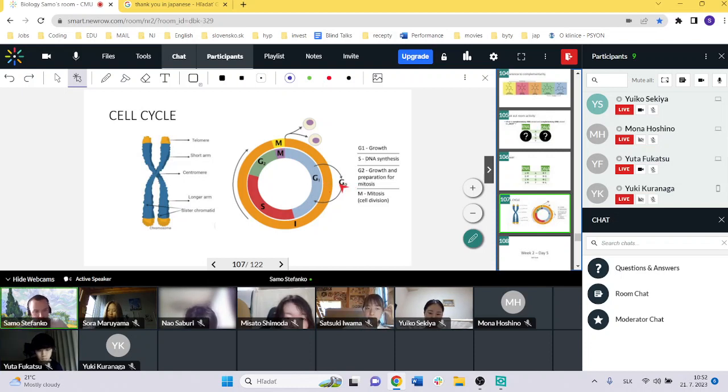One group can remain in G0, but they can re-enter the cell cycle. Those cells can be, for example, skin cells or mucosal cells. Those cells remain in G0, but if there is some stimulus or triggering factor, they can re-enter.